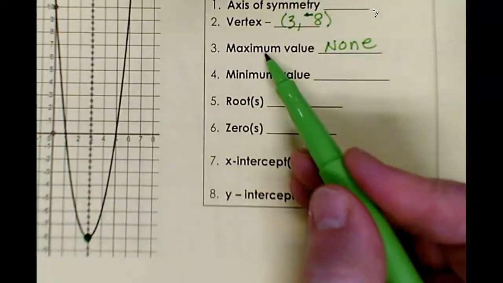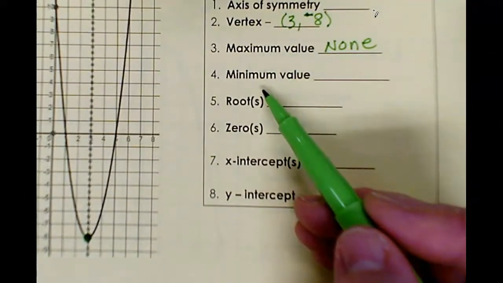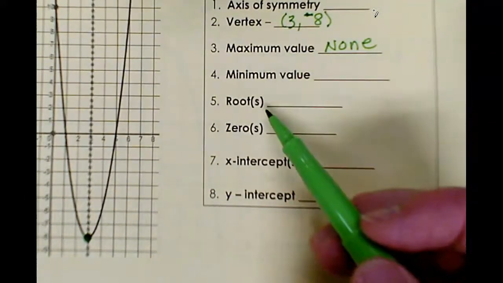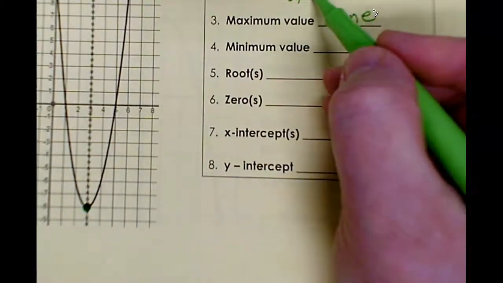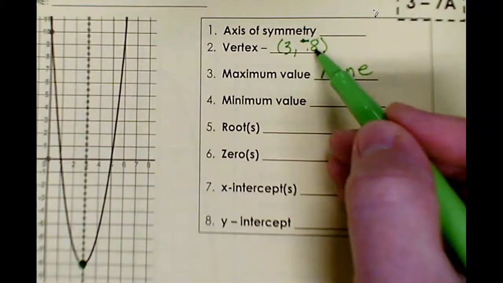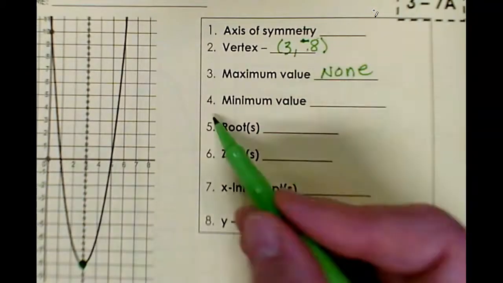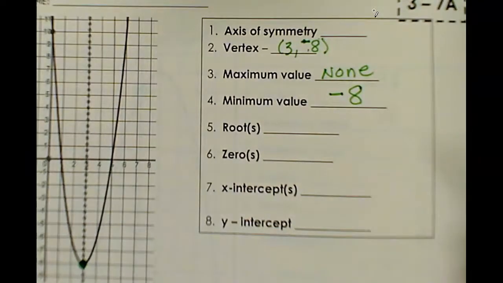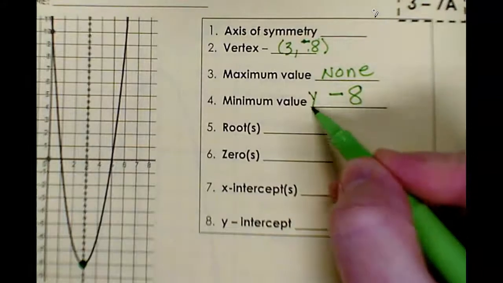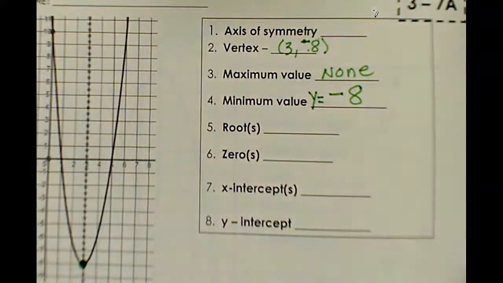Do you understand we can't have a maximum and a minimum at the same time? It's got to be one or the other. And what is the maximum value comes from the y value of the vertex point. How low does this go? -8. And that's the y value that goes that low.